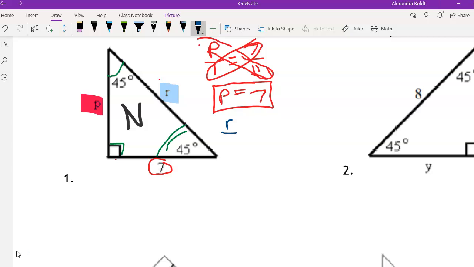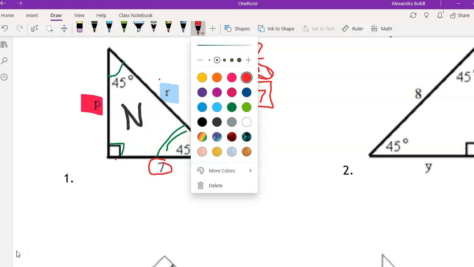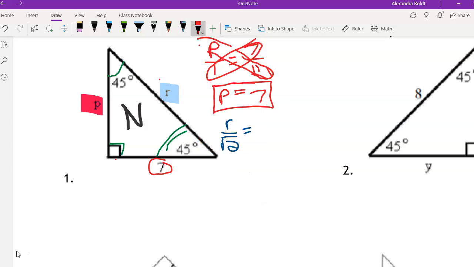And then I'm going to set it up with the same one, so I have 7 over 1. So whatever this was, you'll use it both times if you're solving for two things.